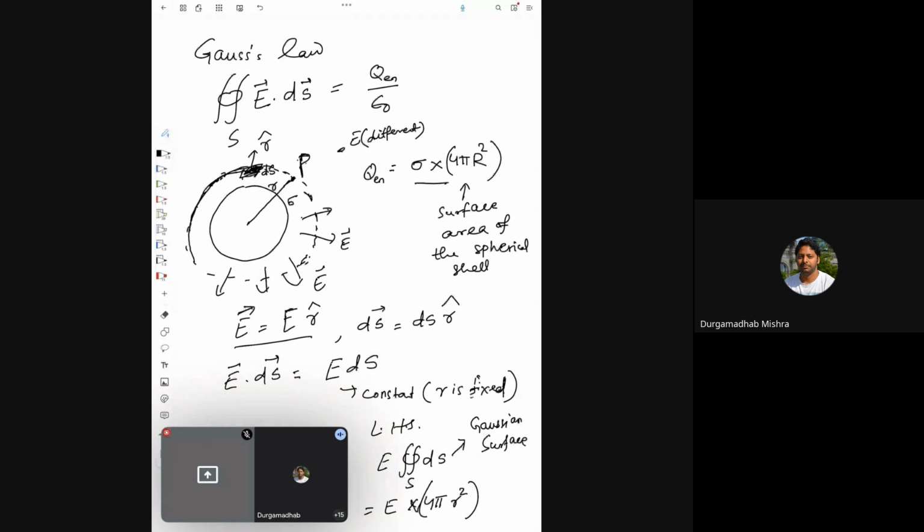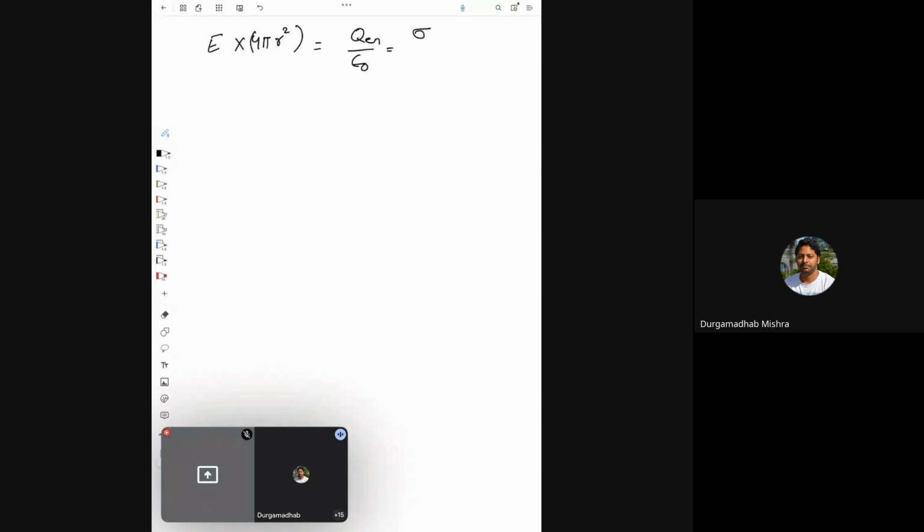So we have E times 4 pi small r squared equal to Q enclosed over epsilon naught, which is sigma times 4 pi R squared divided by epsilon naught. So my electric field, the magnitude of the electric field, will be equal to sigma 4 pi R squared divided by 4 pi r squared epsilon naught.